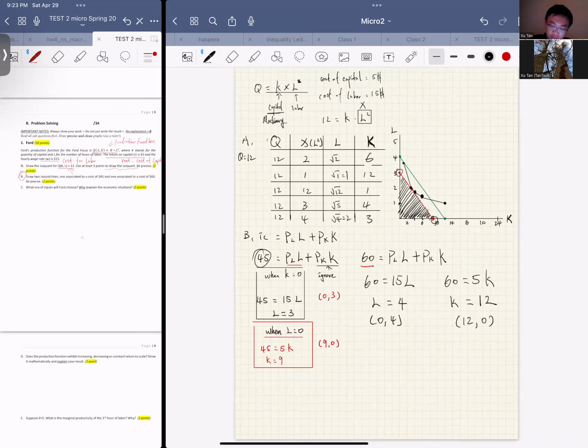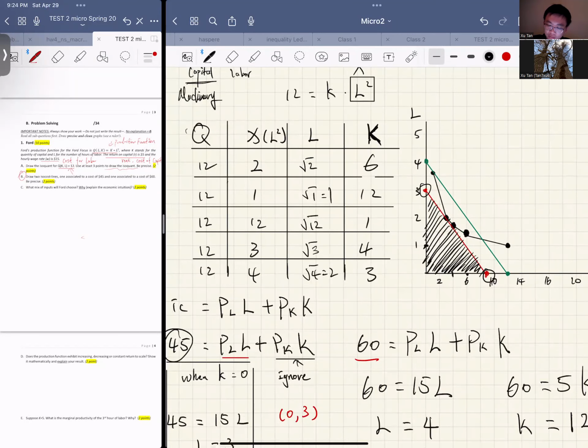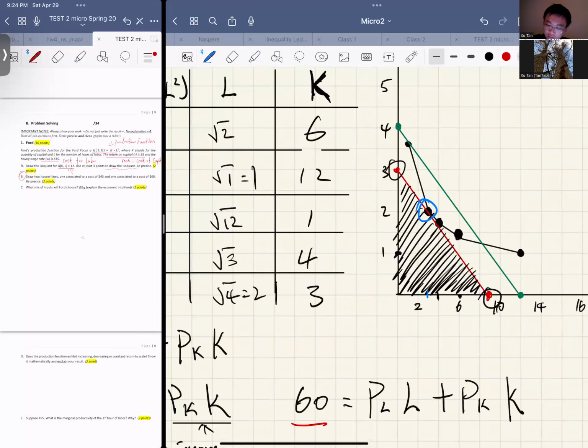Let's do C. What makes input good for Ford? Why? Explain the economic intuition. So what would Ford do? In my graph, it's clearly this point, which is 3, 2.